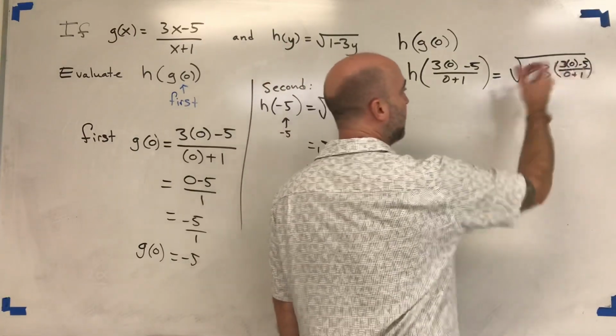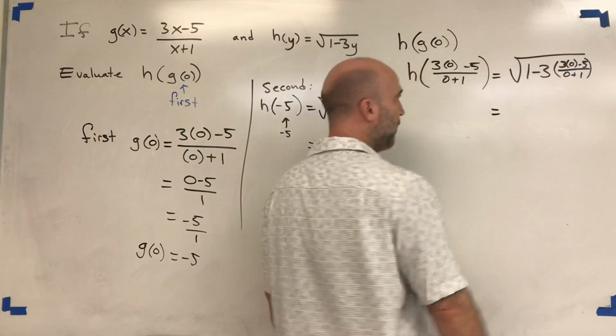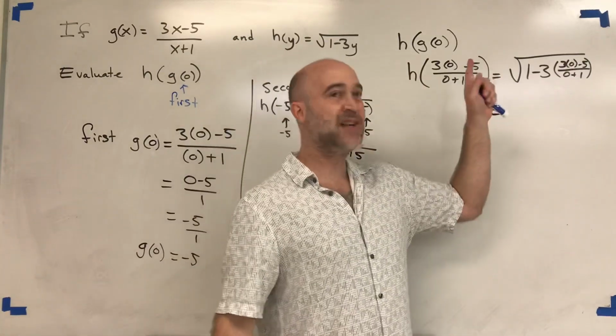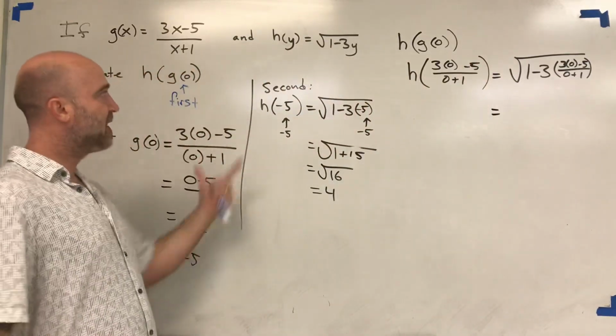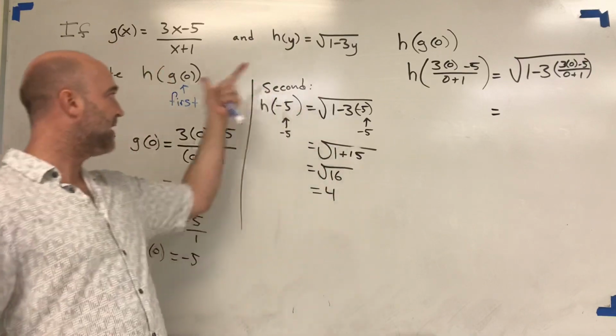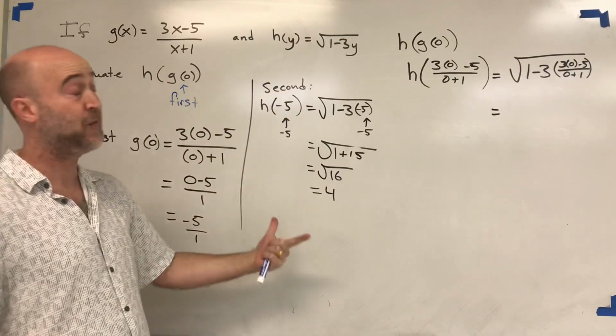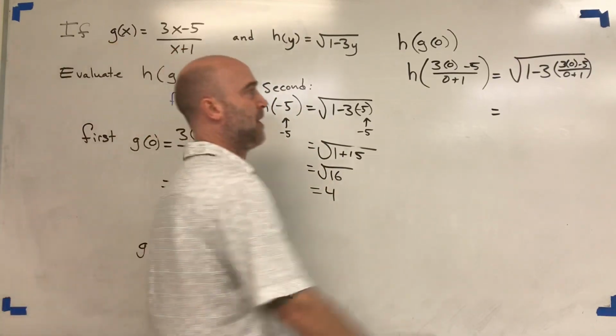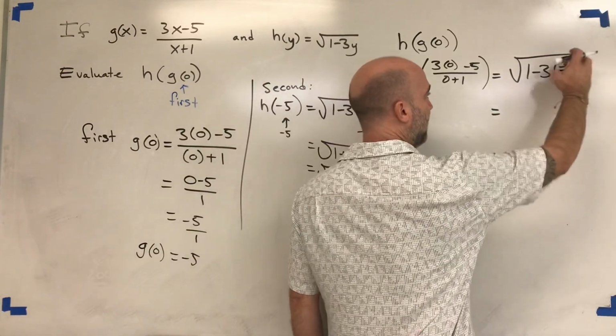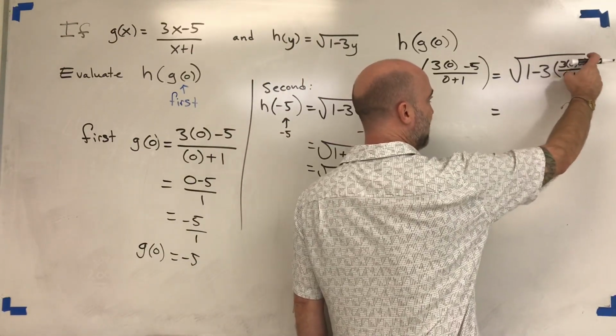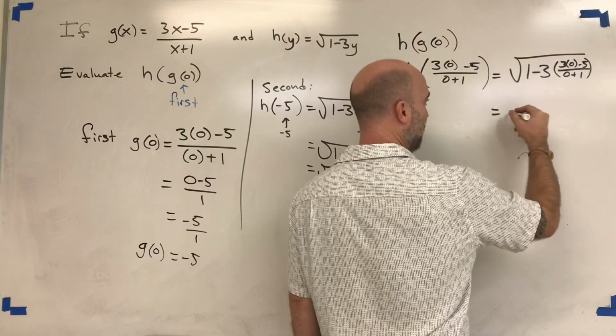Okay? And then we would want to simplify this. Now this does exactly what this does in stages. So that's the nice thing about this, if you can recognize what to do first and what to do second. And then this evaluates, that's 3 times 0 is 0, negative 5 over 1.